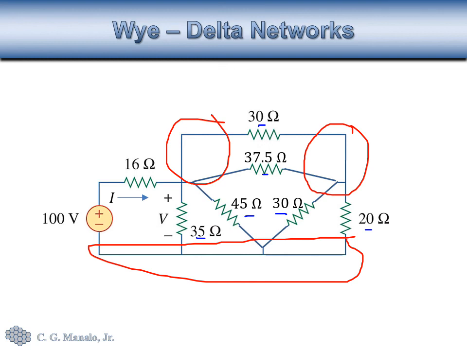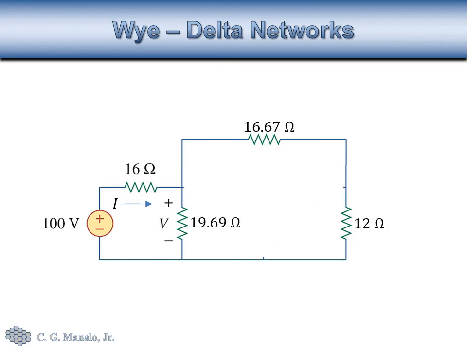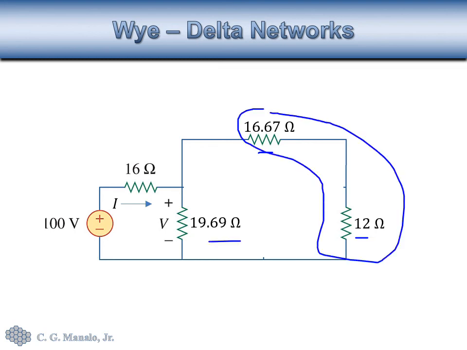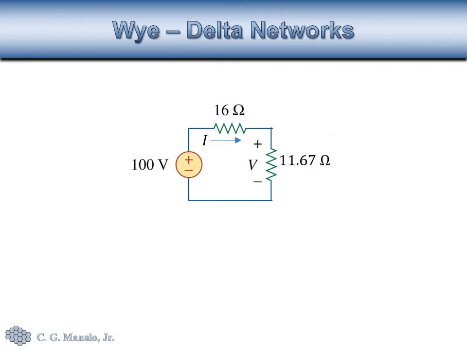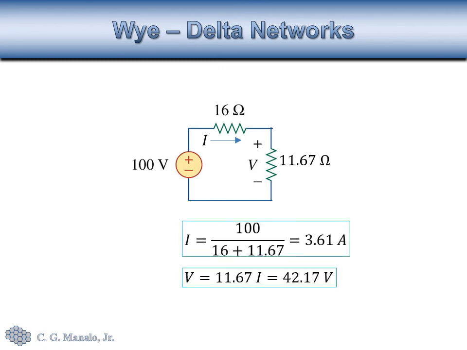So we combine those, and that will give us a circuit that looks like this. And for this simplified network, we notice this is obviously in series, and the combination is in parallel with this one, so we can combine them into this and finally solve for the current and the voltage.